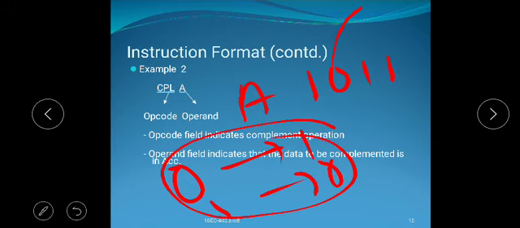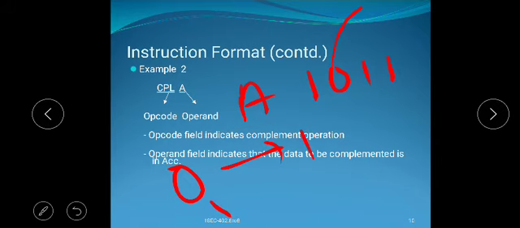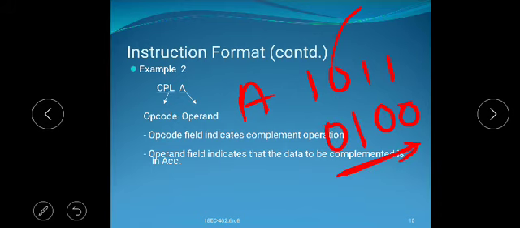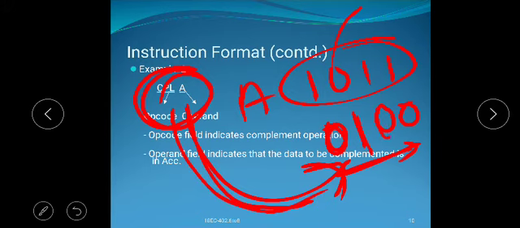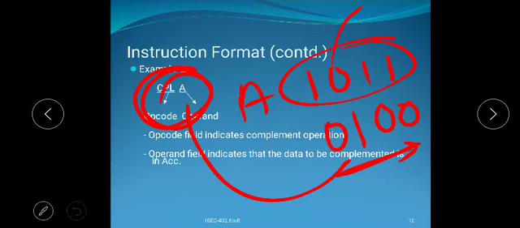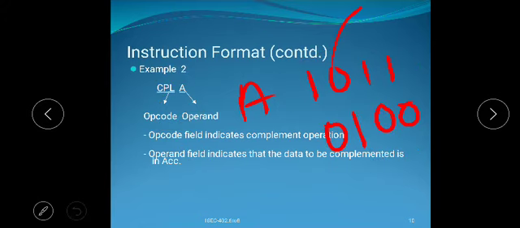This is the complement operation. Complement means inversion. 1 is replaced with 0, and 0 with 1. This is the complement of the A register, so the accumulator stores the value 0100.